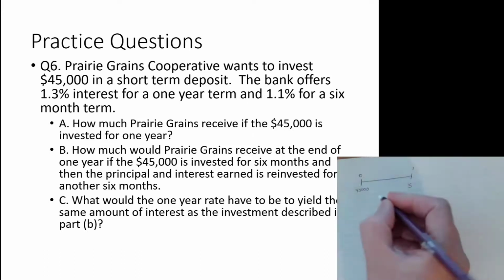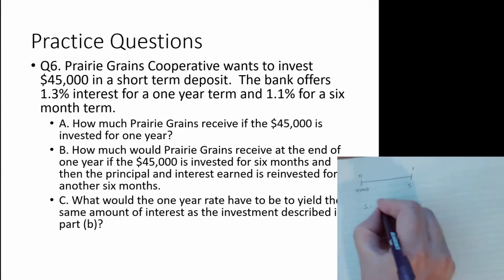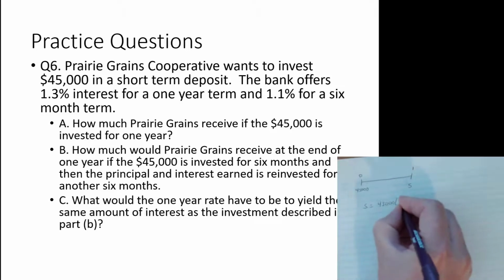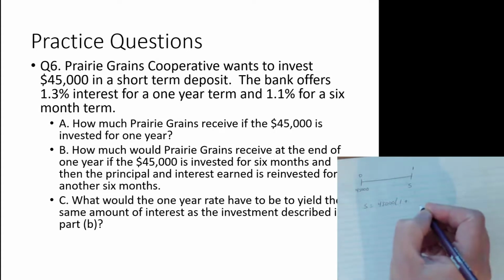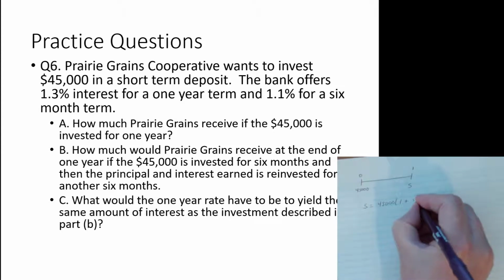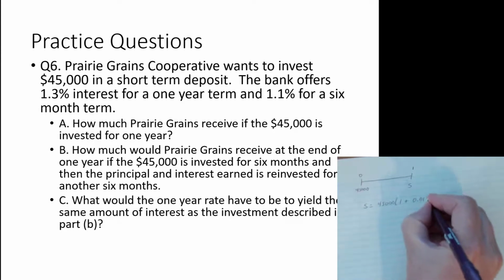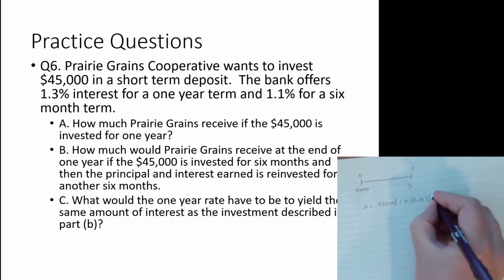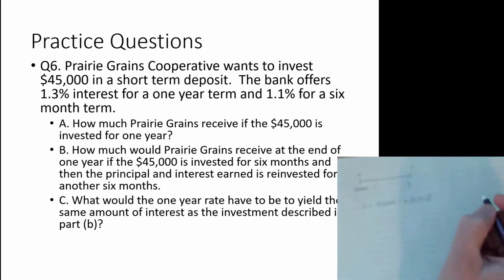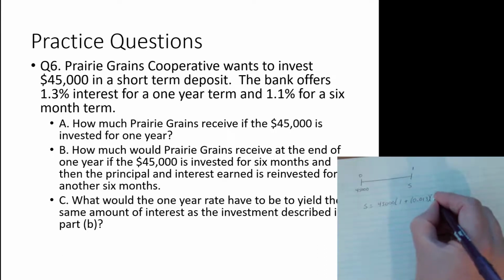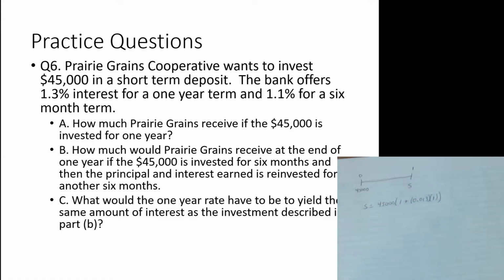So we go into our mathematical toolbox and we see our S is the principal amount times, in brackets, 1 plus the interest rate, which is 0.013, times the 1 year. I'll keep track of your order of operations here. I've got to make sure that I do this multiplication first, the 0.013 times the 1, then add it to the 1.